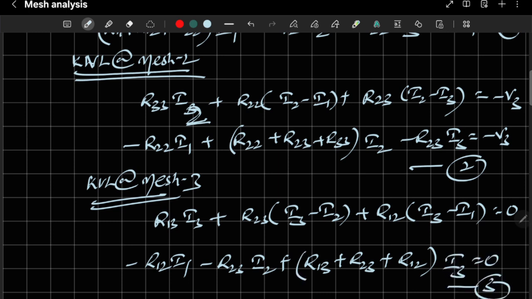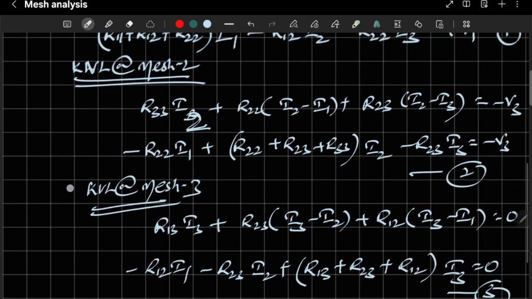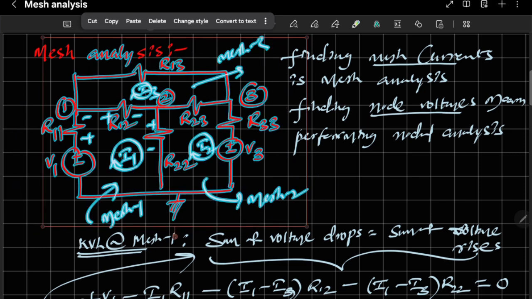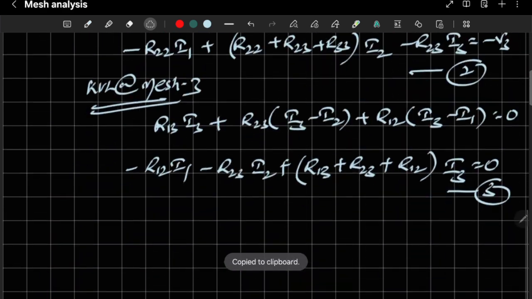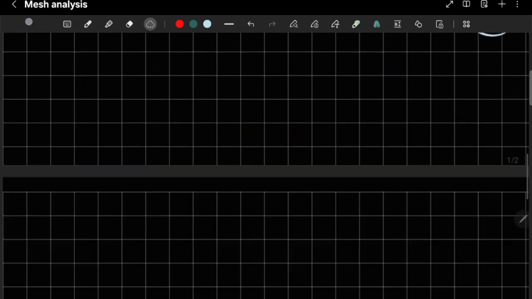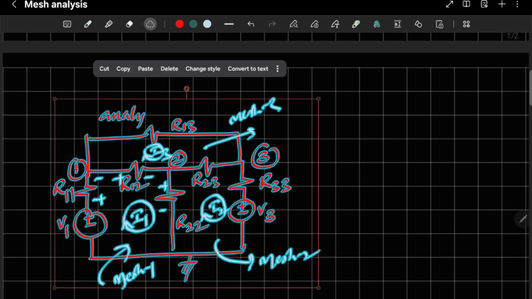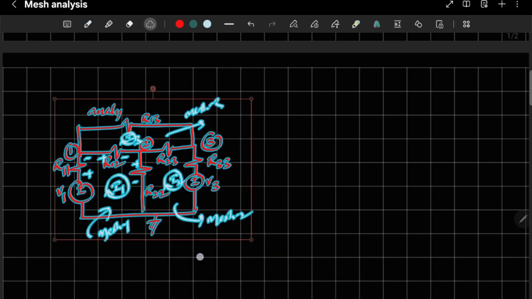Okay, now these 3 equations we have to solve. That's it. But I can write all these equations without using this much bigger process. I can write all these 3 equations very easily by observing the given circuit diagram. Now you see carefully.